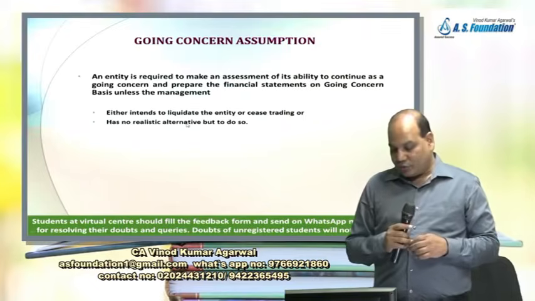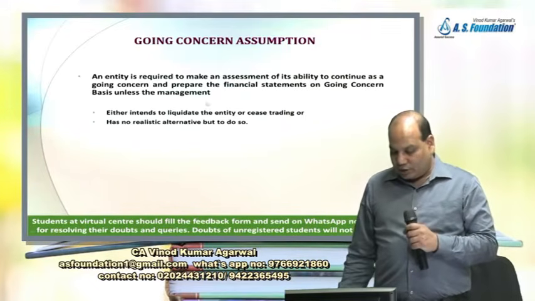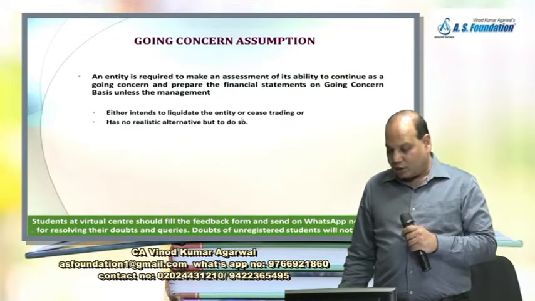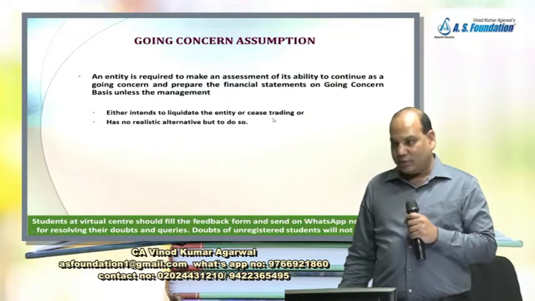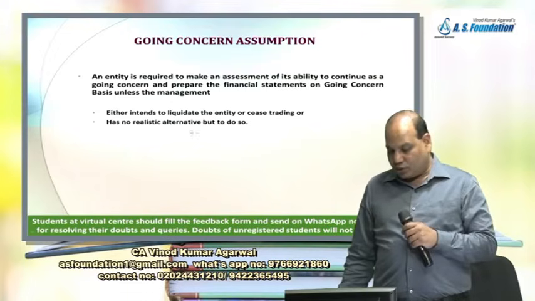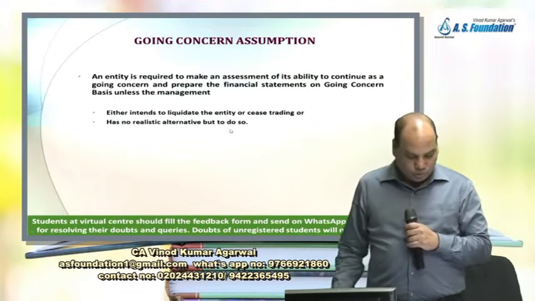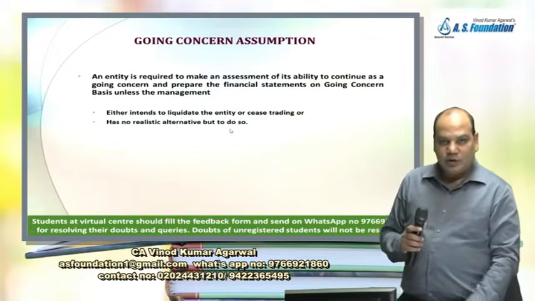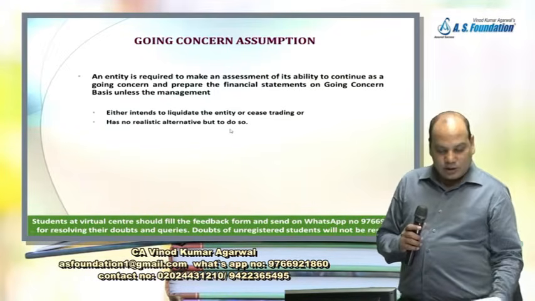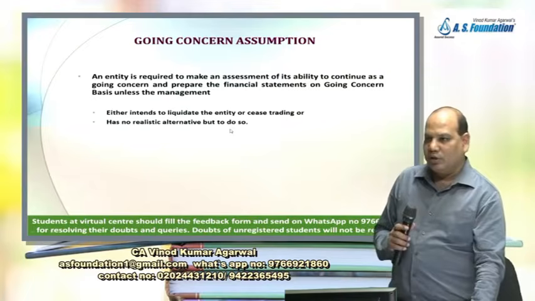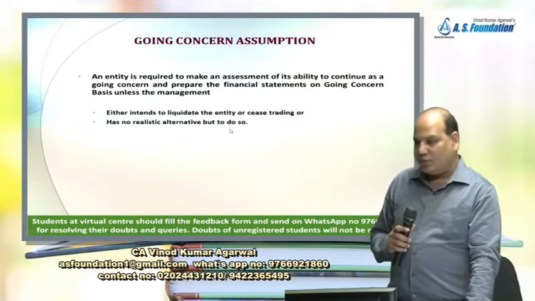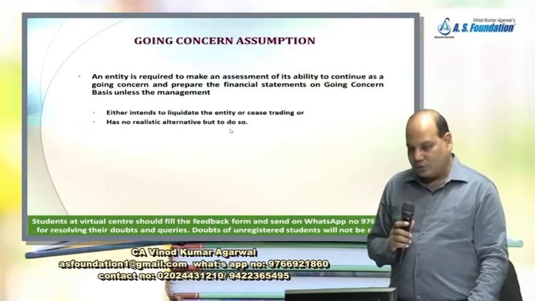Is it right? When the entity is no longer a going concern, when the entity intends to liquidate the entity or cease the trading, or has no realistic alternative but to do so. So in simple words, the entity will wind up its operation in the near future, and that near future would be 12 months period. Is it right?